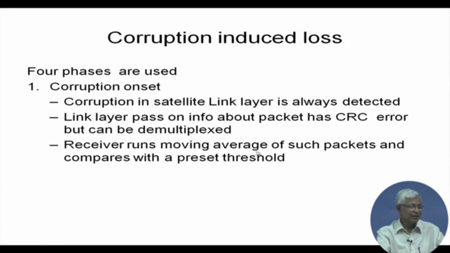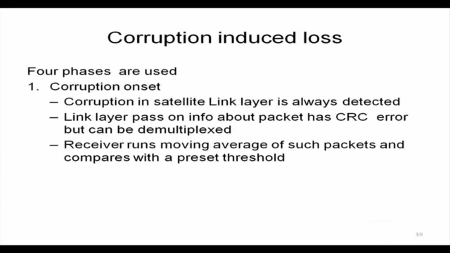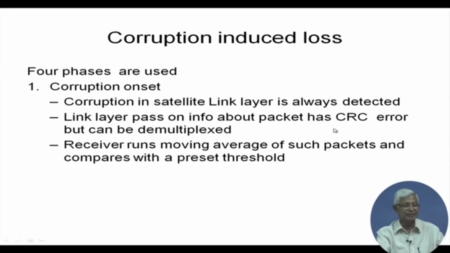The receiver runs a moving average of such packets and compares it with a preset threshold. So the receiver doesn't take an immediate decision, it just goes on checking how much the noise is increasing. It goes on accumulating this information of CRC errors over a period of time.